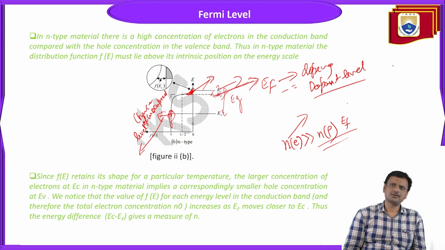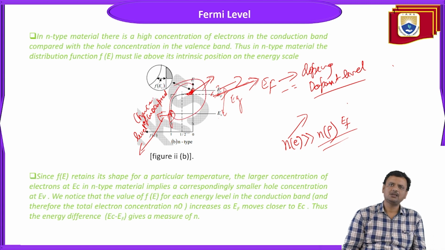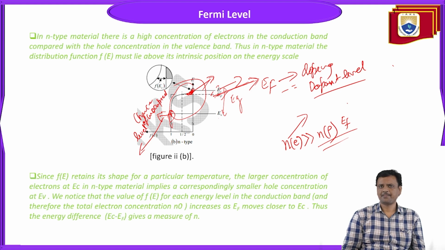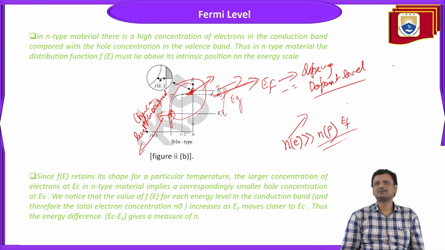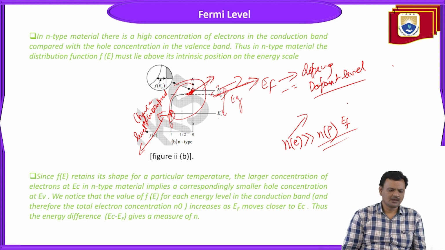Due to that occupation, the number of electrons will increase. So the symmetric shape of this F of E will not remain the same in the case of N-type or P-type semiconductor. It will change.